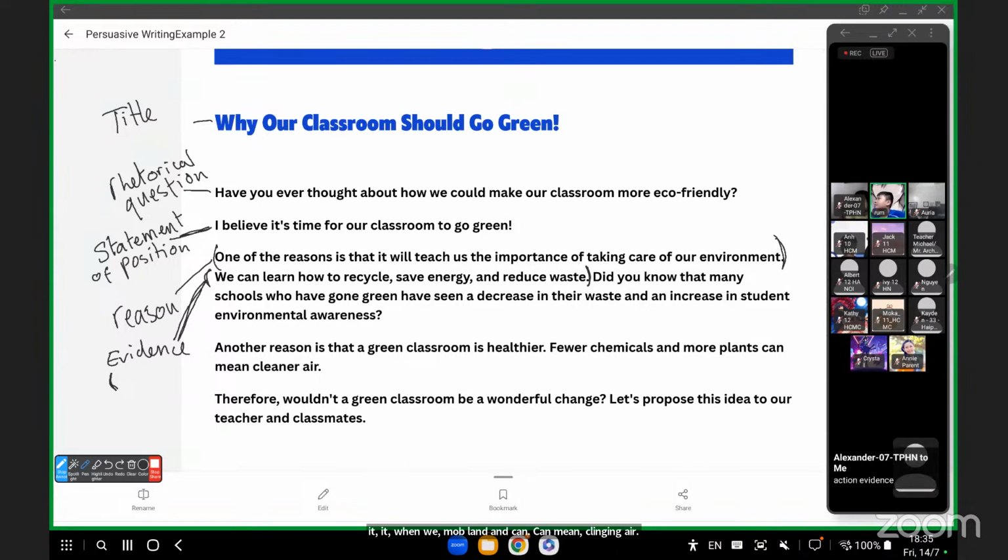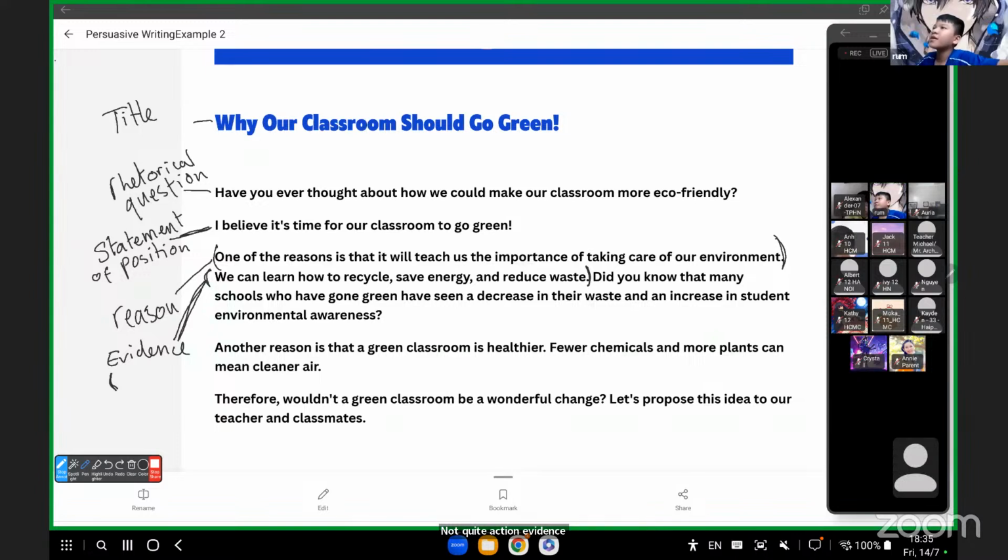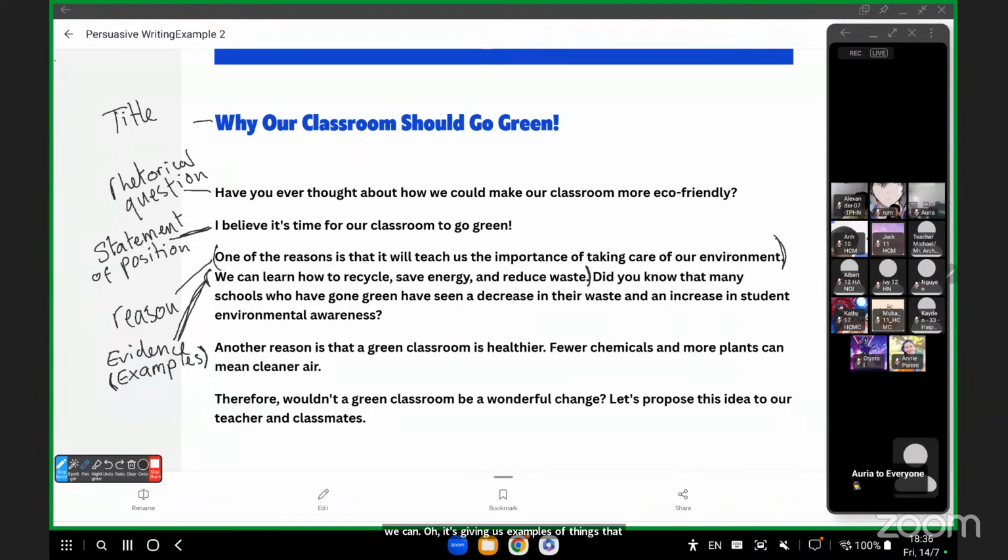Not quite, action evidence. Oh, giving. It giving that a green classroom in healthier. Yeah. It's giving examples. So it's giving us examples of things that we will learn about taking care of the environment.